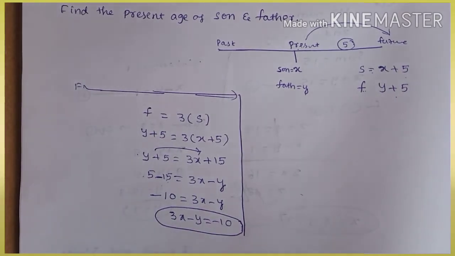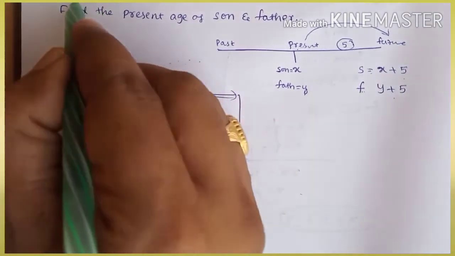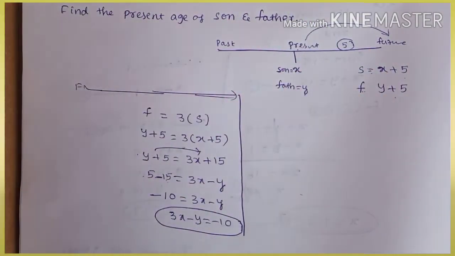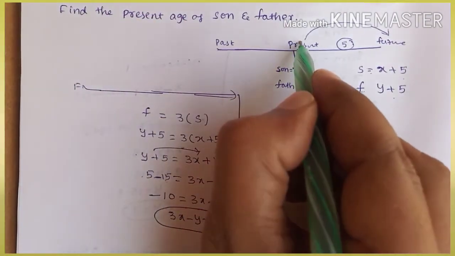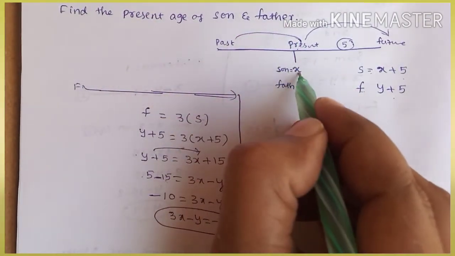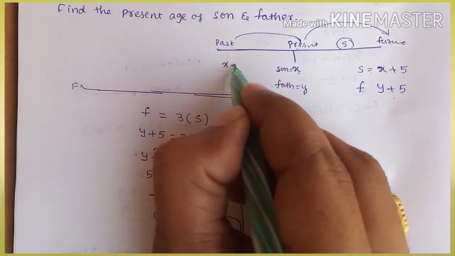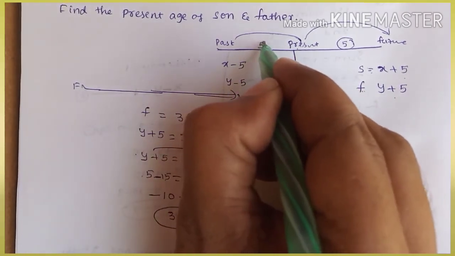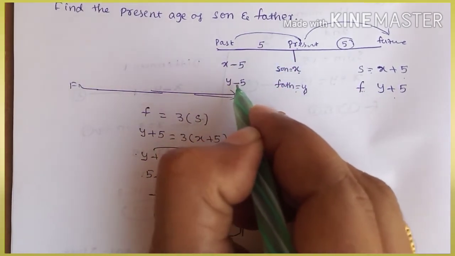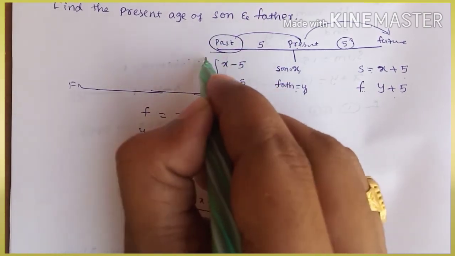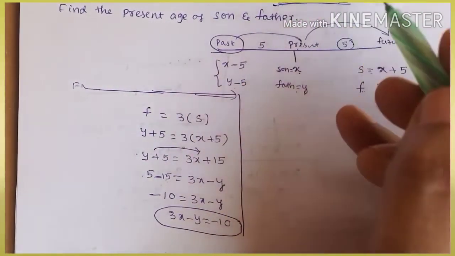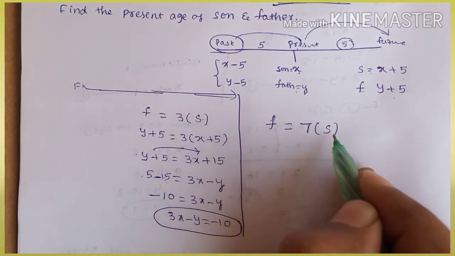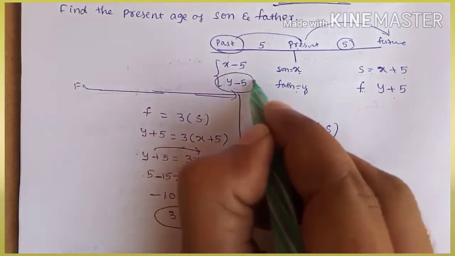Let's go for the next one, students. Next statement, 5 years ago, I mean past. Ago means back. 5 years ago, present age x, 5 years ago x minus 5. Father's age also reduces by 5 years. 5 years ago, their ages were such that the father's age is 7 times the son's age.